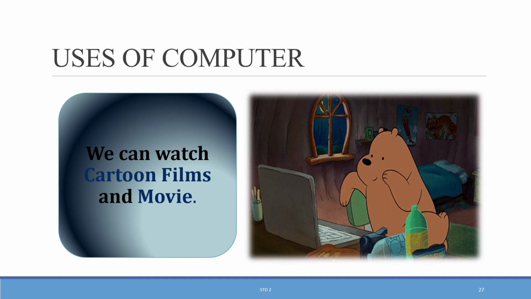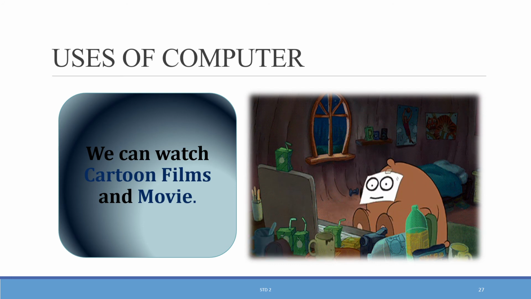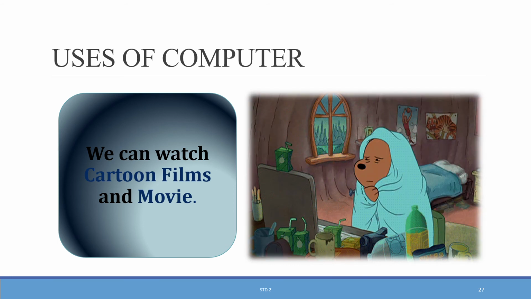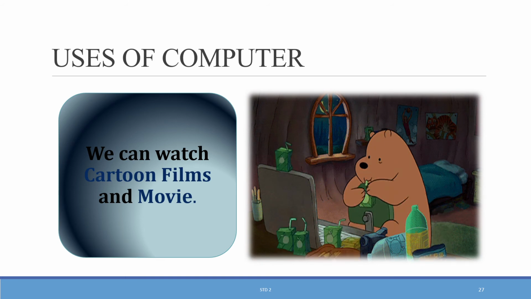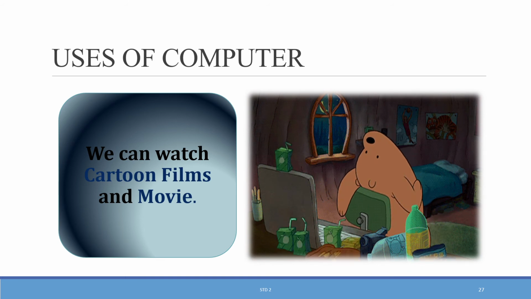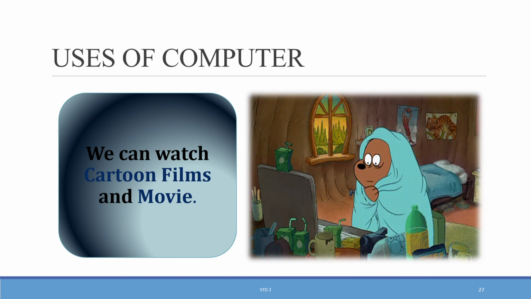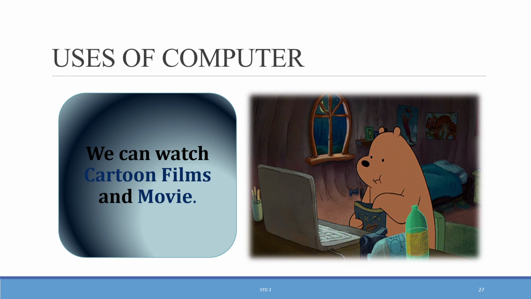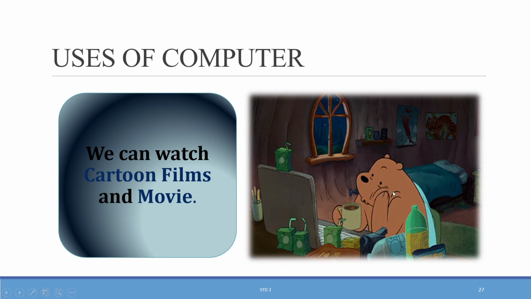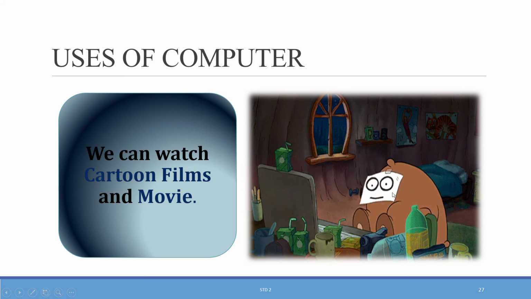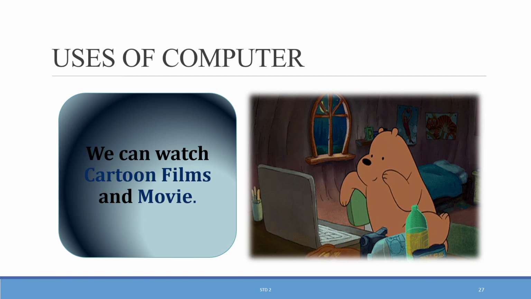Now another use. Which use? See, we can watch cartoon films and movies. See here, I am showing one picture. See this deer, what is it doing at home with this laptop?